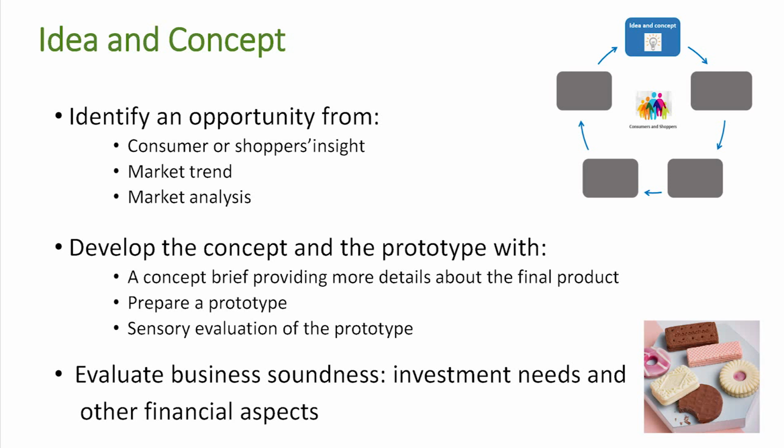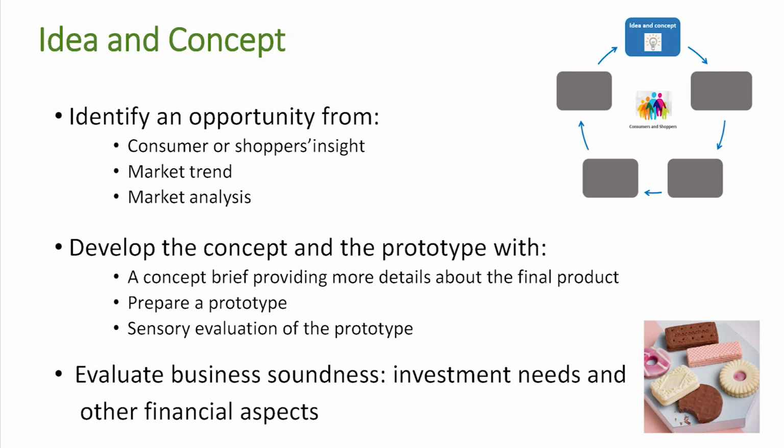So where can this come from? This is important, because people should know where they can get this information from. Where can this opportunity come from? You don't just sit in your salon and say, look, I want to do a new flavor. It should come from somewhere. The first place it can come from is the consumer and shopper insight.